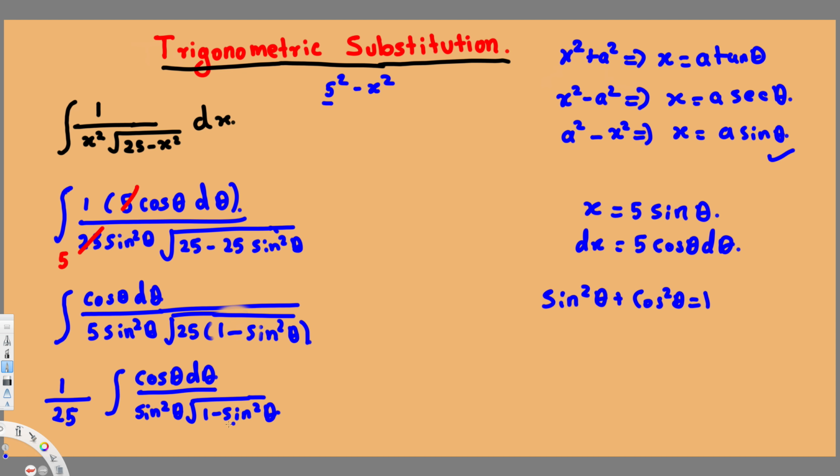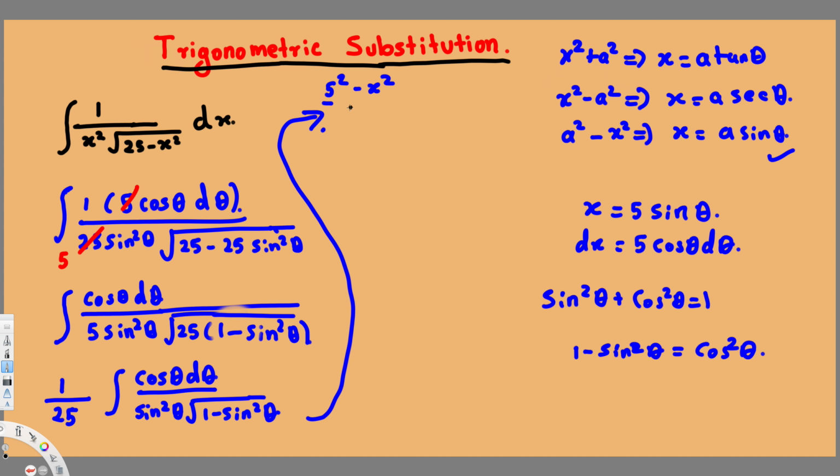So if we want to get rid of this square root, we can use this one. Because 1 minus sine square theta is equivalent to cos square theta, right? So instead of 1 minus sine square theta, if I plug in cos square theta, I can get rid of this square root, right? Now let's continue this one right here.